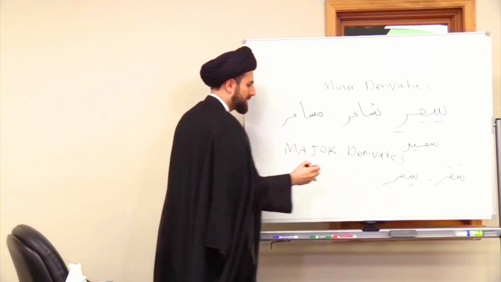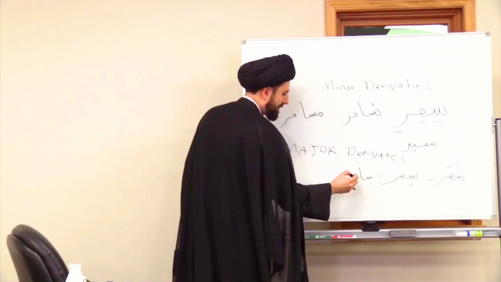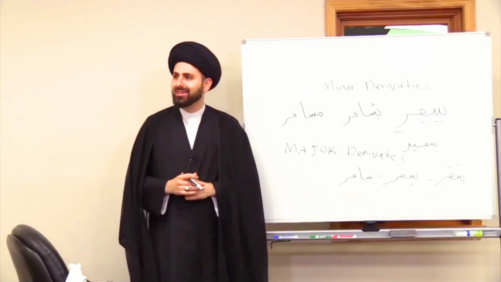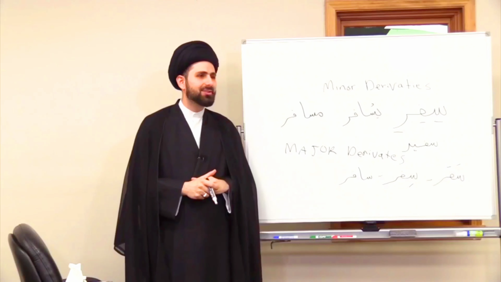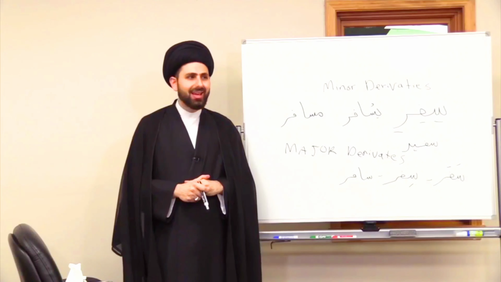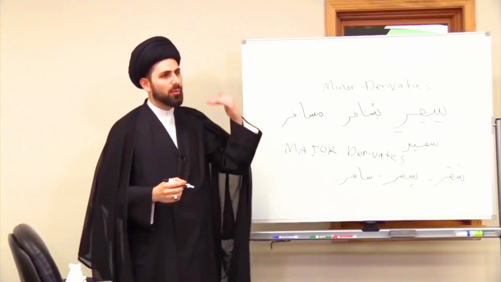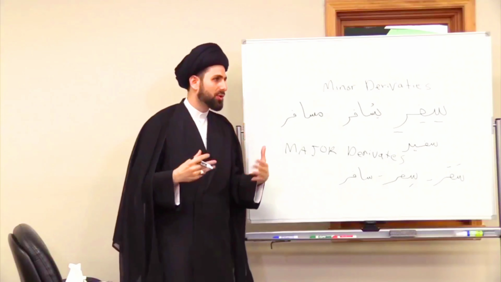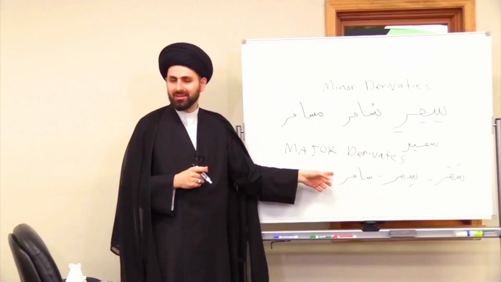Now there's another word, safir. This one's interesting. Or safira. Does anyone know what the word safir is? Uncovered. Someone who's uncovered. Or, in most societies, they refer to a woman, for example, who is not fully covered or not observing the hijab. She's called a safir.